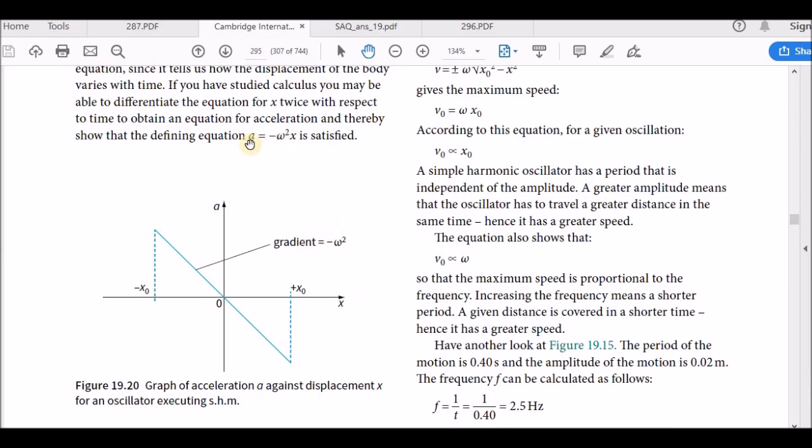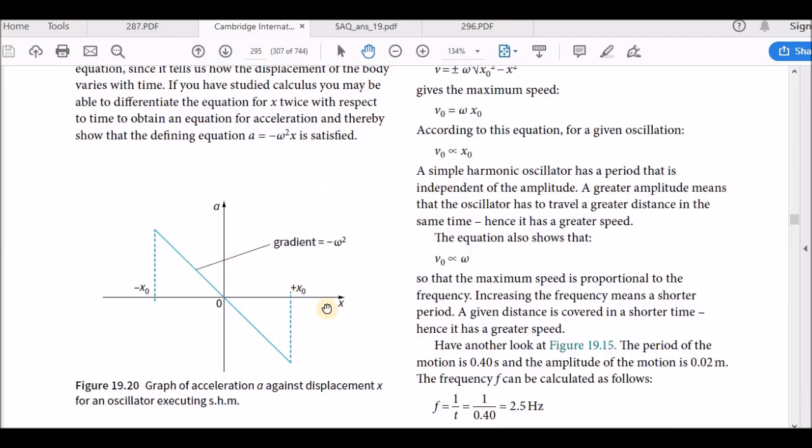It is drawn using this equation, and this is a constant. The angular frequency is constant, so you can see y equals mx, but the gradient is negative, so that's why we have drawn it this way. If it was a equals plus omega squared x, then it would be the other way, but because the gradient is negative, it is drawn this way.